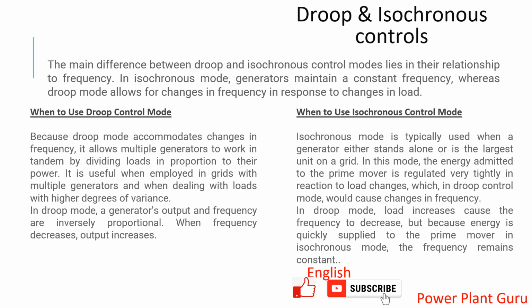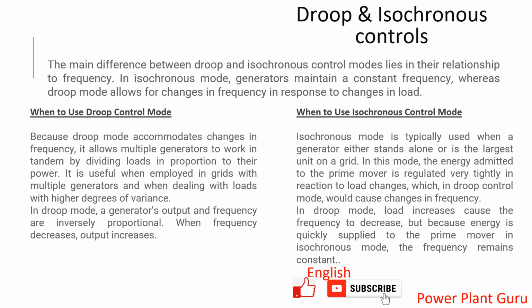However, isochronous mode does not allow any frequency change whatsoever depending upon change in load condition. So basically we can say droop will allow frequency to change and isochronous will not allow frequency to change in response to any load change condition. Let us go in detail.